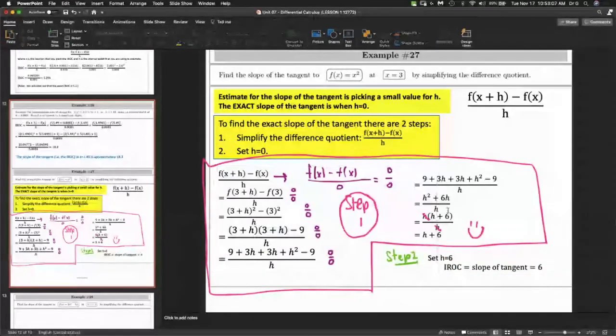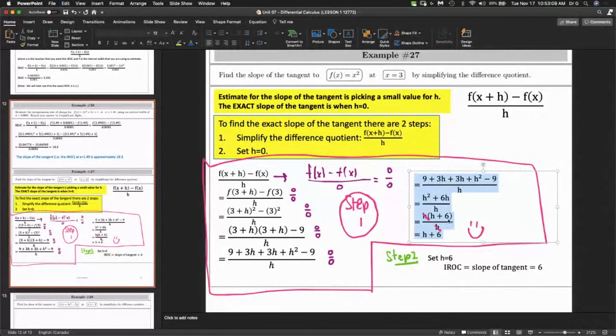That's it. That's the answer, everybody. Oh, shoot. That's a typo. Set h to 0. Thank you, Jai. Keep me honest, my friend. So that is how you find the slope of the tangent.